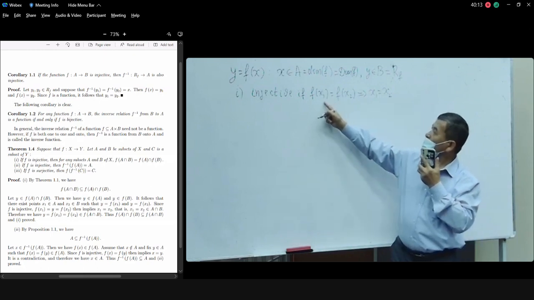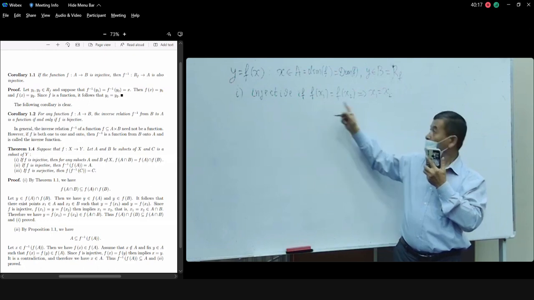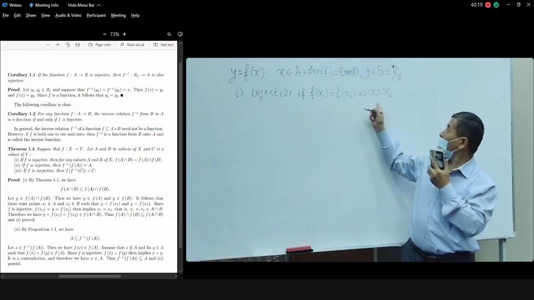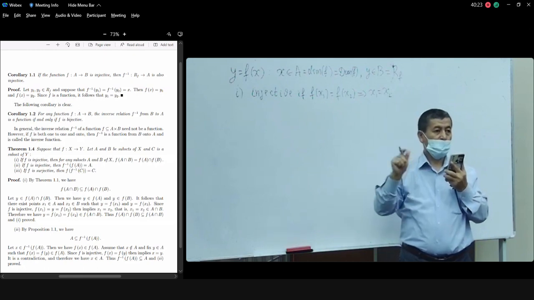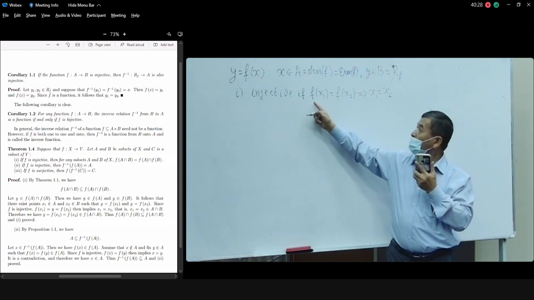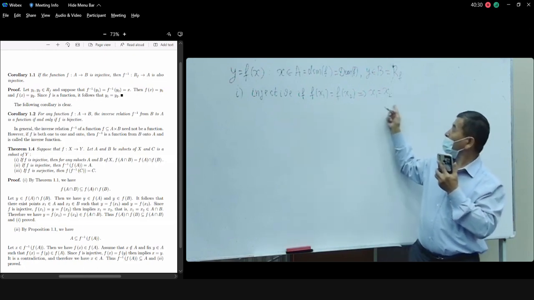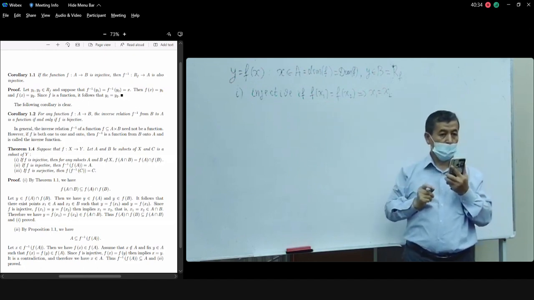So it means for each image of x1, we have one image in y. Okay. So injective if f of x1 equals f of x2 implies x1 equal to x2. This is the injectivity of the function.